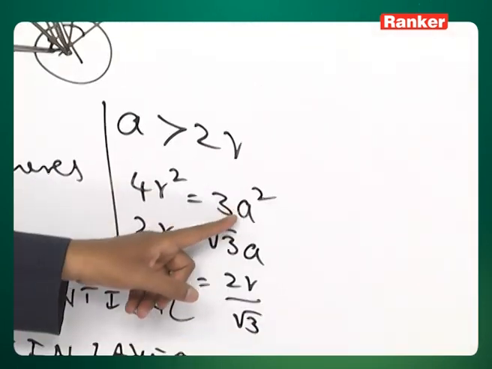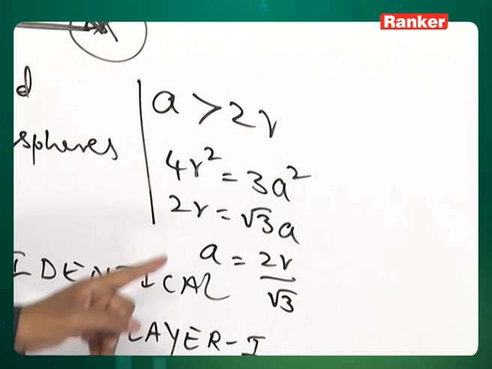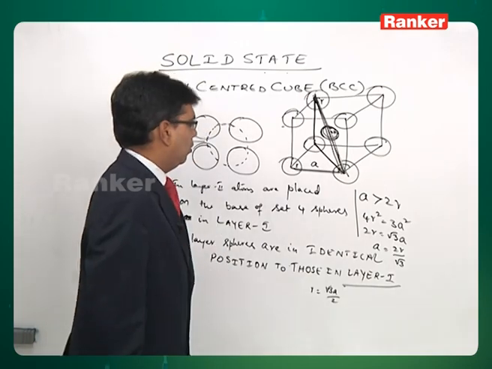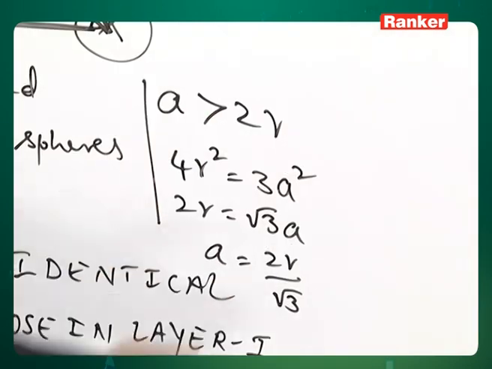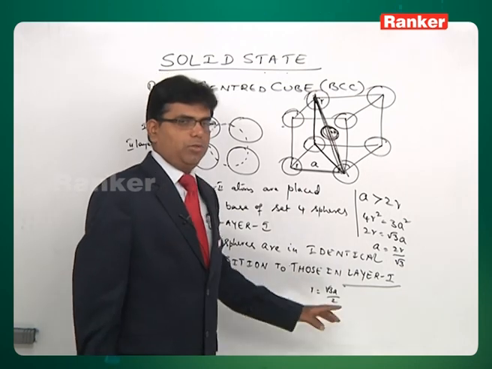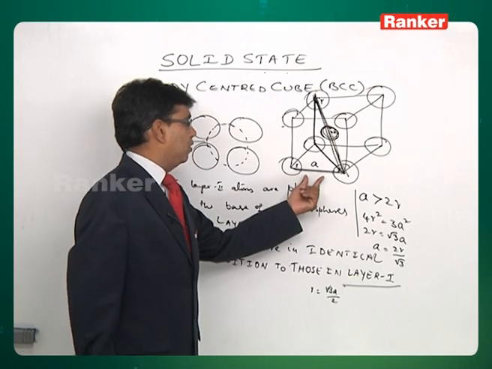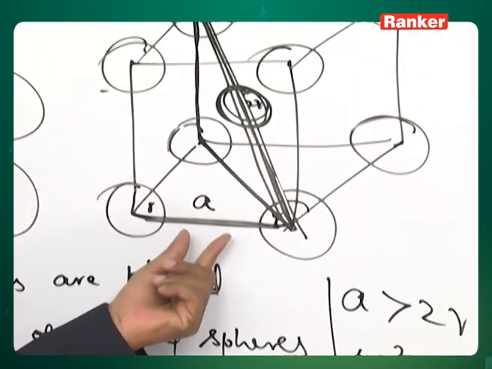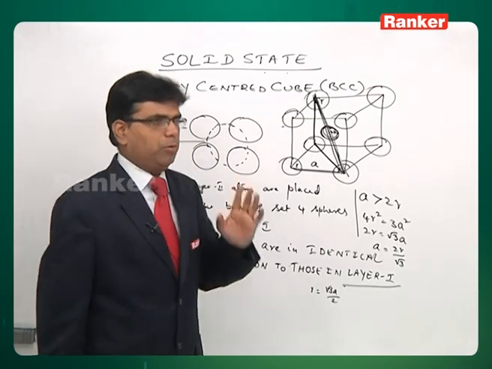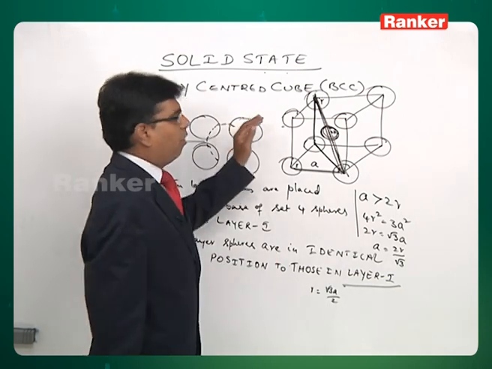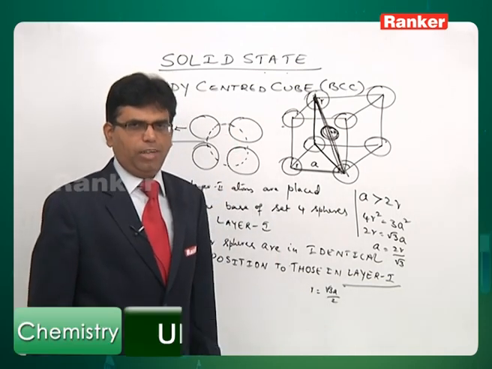So, 4r square is equal to 3a square, or 2r is equal to root 3 a, or a is equal to 2r by root 3, or r is equal to root 3 a by 4, whatever it is. So, in the case of simple cubic unit cell, a is equal to 2r, but in this case a is greater than 2r. This is the body centered cubic unit cell, right?